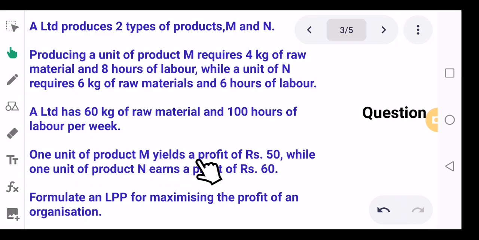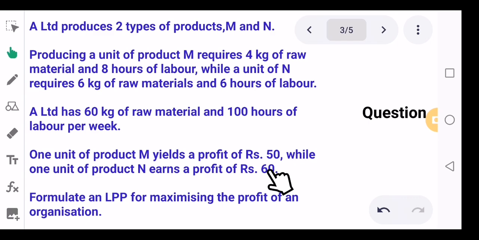Per unit the profit for product M is rupees 50, while for 1 unit of product N the profit is rupees 60. That means for every unit of product N that you produce, you get a profit of 60. For every 1 unit of product M that you produce, you get a profit of rupees 50. But nowhere have they told how many units of product M we are going to produce and how many units of product N we are going to produce.